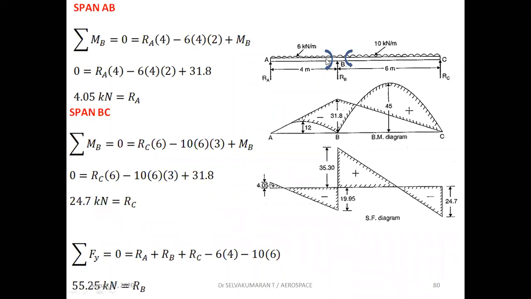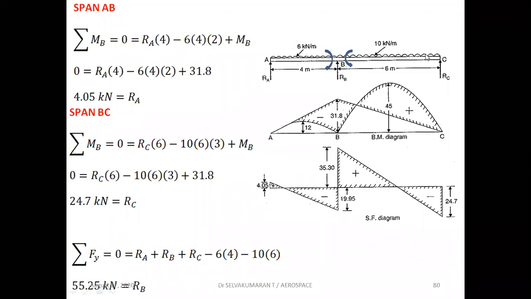Now let me consider AB with respect to B. I am going to write the moment equation with respect to B by considering the loads and the couples or moments available to the left side of the support B. So RA into 4 clockwise with respect to B, 6 into 4 into 2 anti-clockwise negative, and this MB acts clockwise with respect to B, so plus MB. Substitute here, simplify it, RA is 4.05 kilonewton.